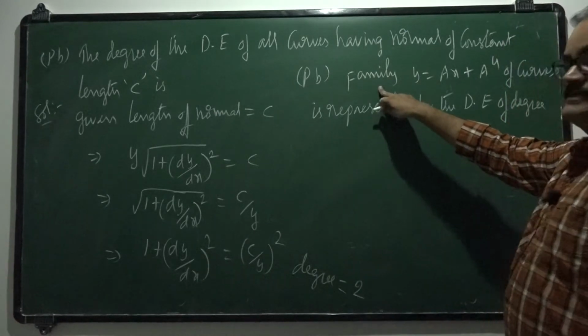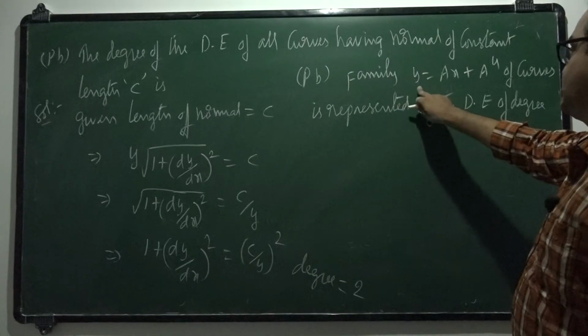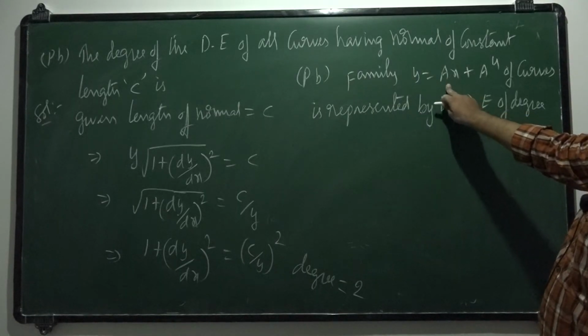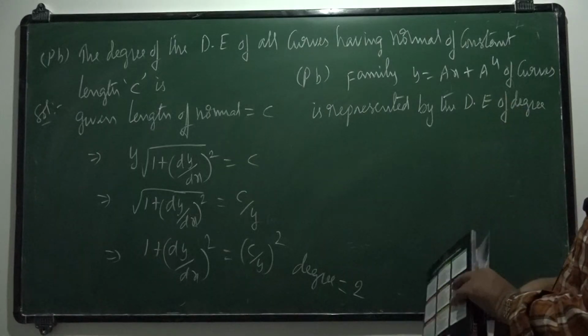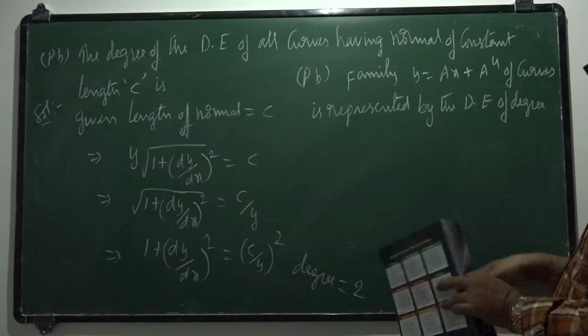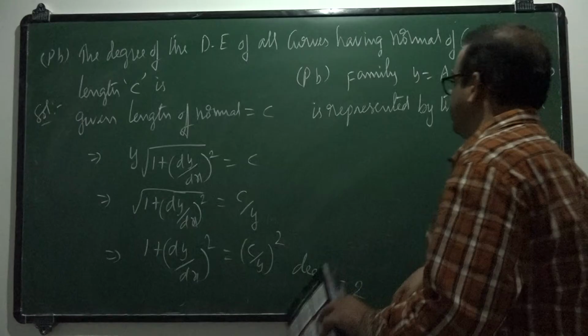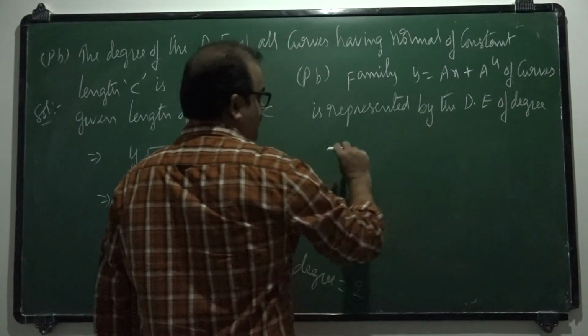Family means set of curves. Set of curves y is equal to a into x plus a power 4, where a is some constant, is represented by the differential equation of degree.